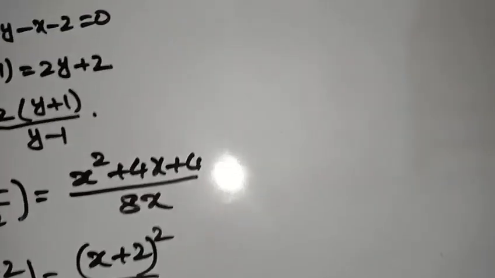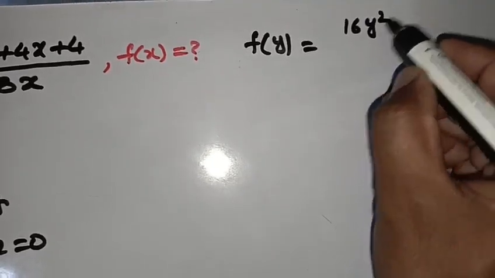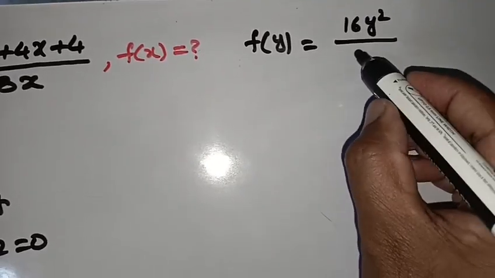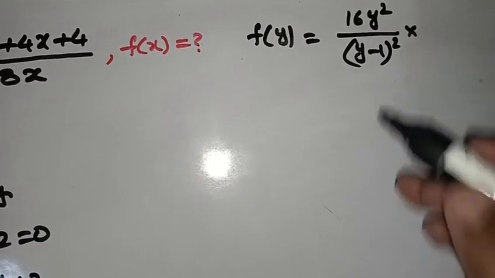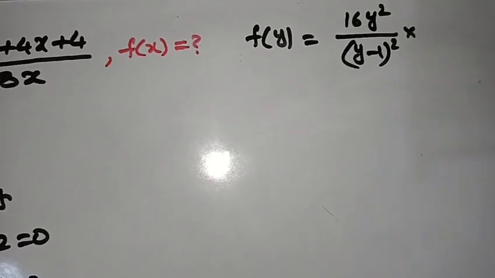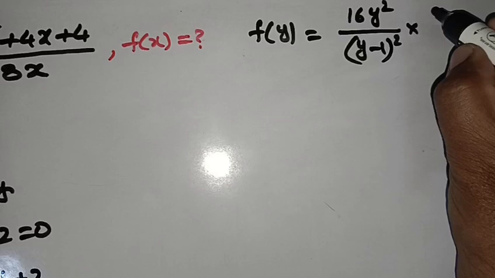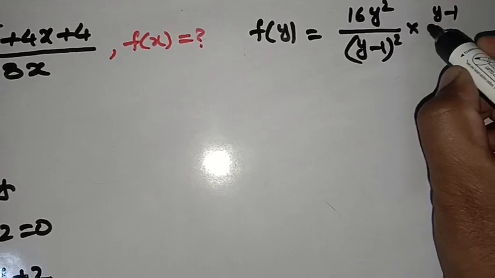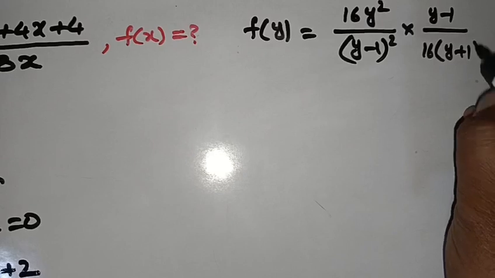So 4y, its square is 16y² divided by (y-1) whole square. And the second denominator, which is also in the form of p by q, I write it as q by p here. So then this becomes (y-1) divided by 16 times (y+1).